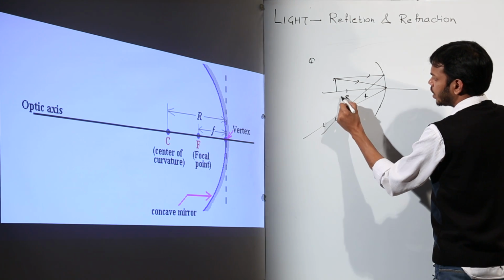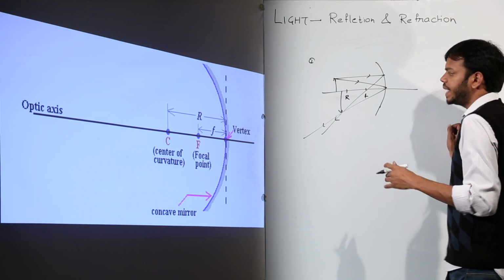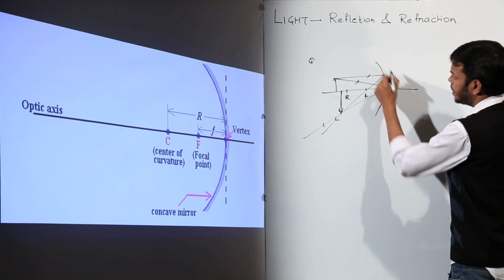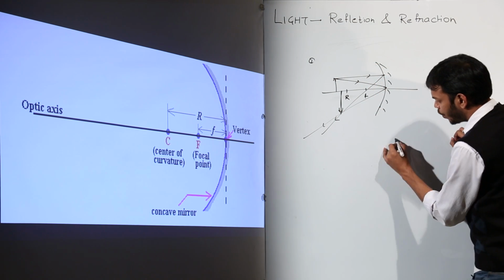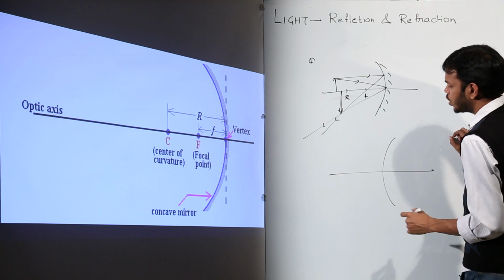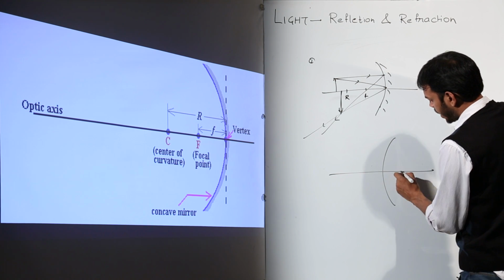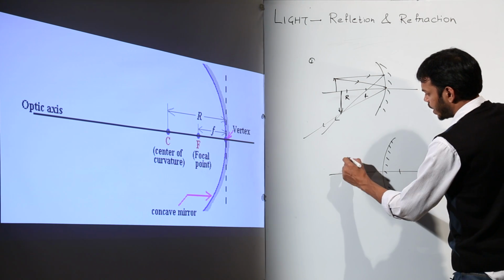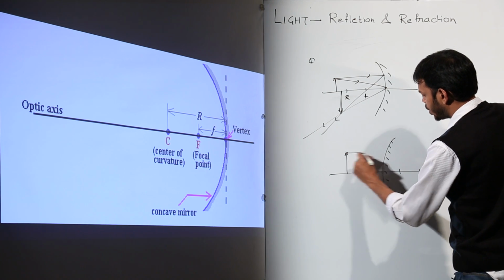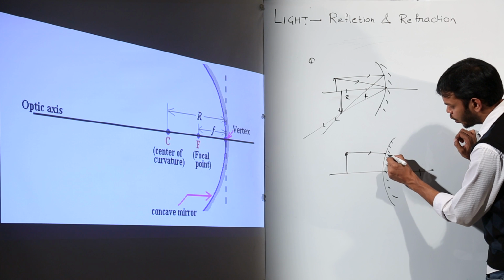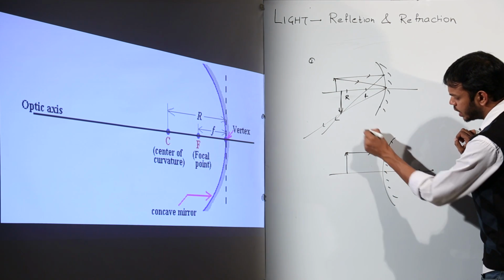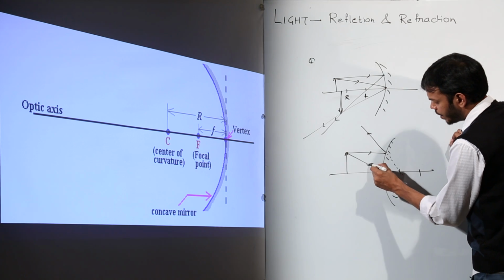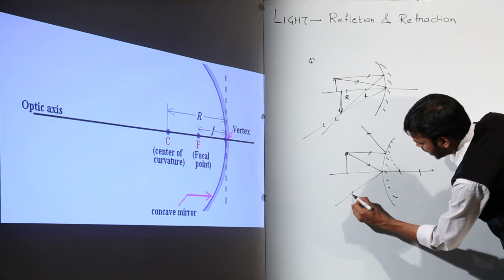So this is how the rays meet at some point, and that point will be the formation of the image. Same is the case with the convex mirror. In case of the convex mirror, F, 2F, this is my mirror, object, the straight ray should be parallel to the axis, or should be passing through the focus like that, and the second ray will be reflected back at the same angle.